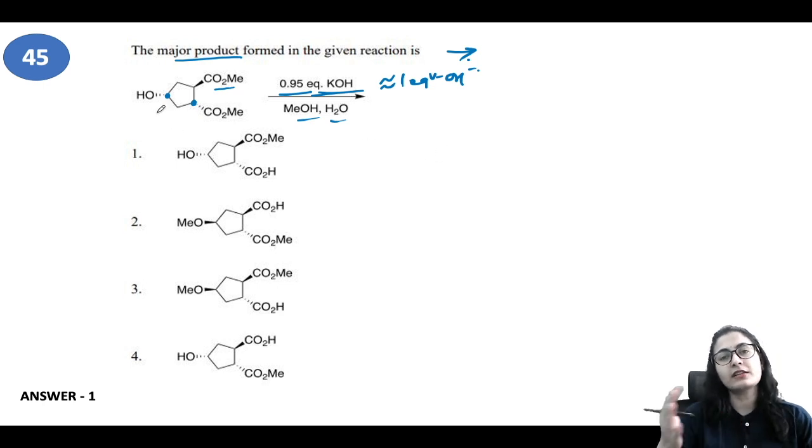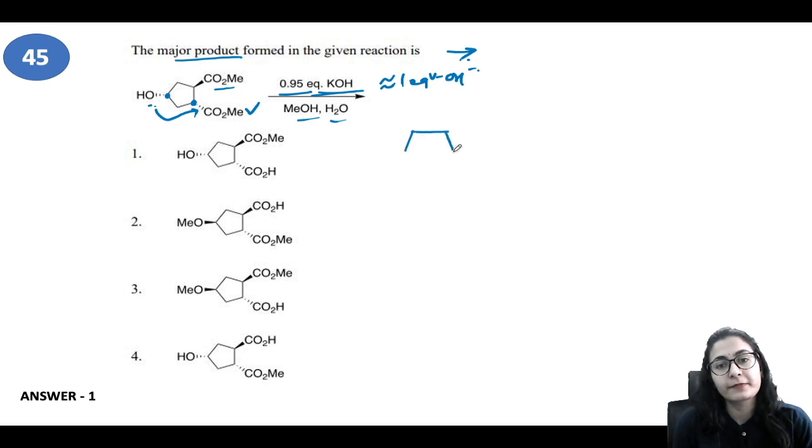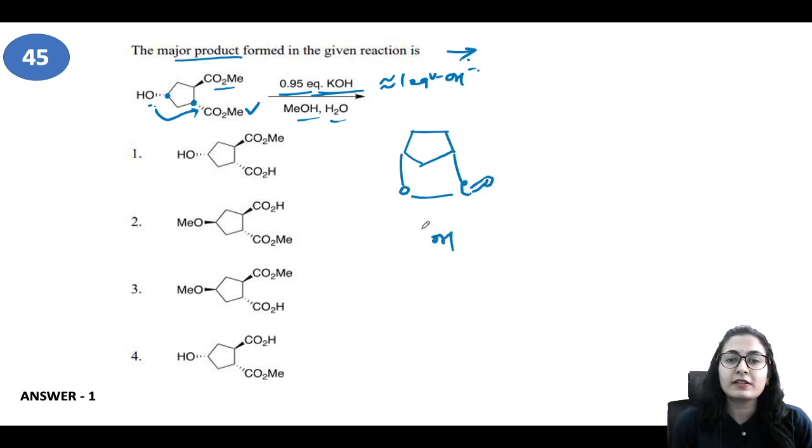Let's say, there is a question which comes like this: which of the following ester is going to be hydrolyzed easily? Yeah, this is going to be hydrolyzed easily because the OH is going to attack and form a lactone first. Okay, so this OH is going to help in the formation of a lactone like this, and then the OH minus is going to attack over here and it gives you the hydrolysis.